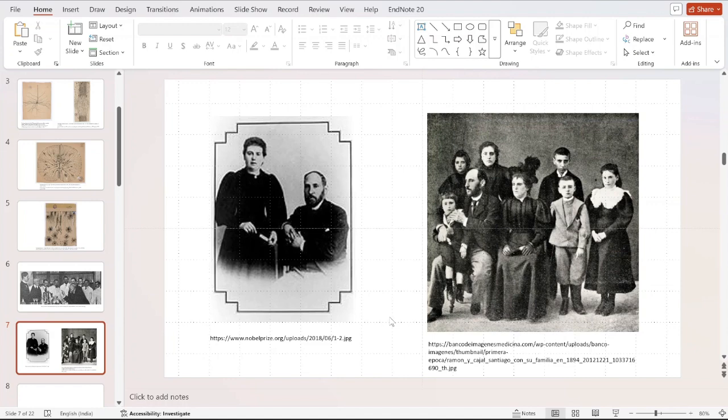Only when he interacted with Kölliker, and Kölliker helped him get recognized, were his works published in German and the world got to know about him. And Waldeyer synthesized the work of Cajal, Golgi, and others, and came up with the term neuron and so on.